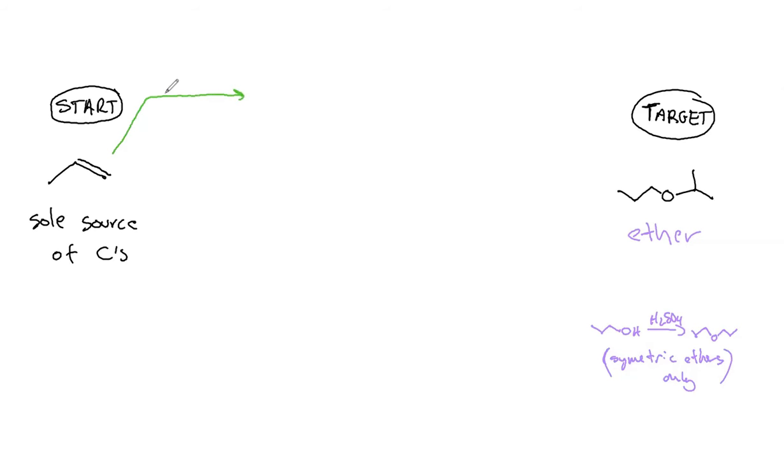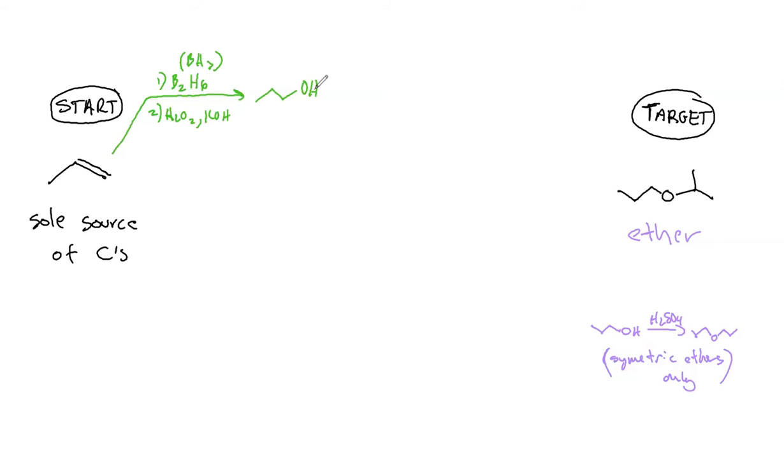One of the things that we could do with propene would be to add BH3, followed by peroxide and base. That would give us the anti-Markovnikov addition product.